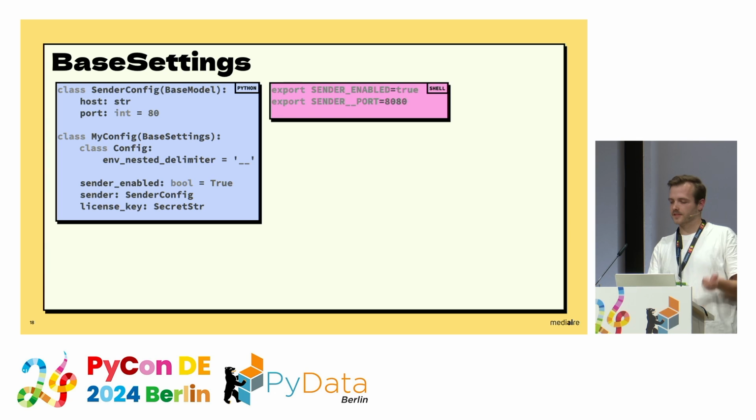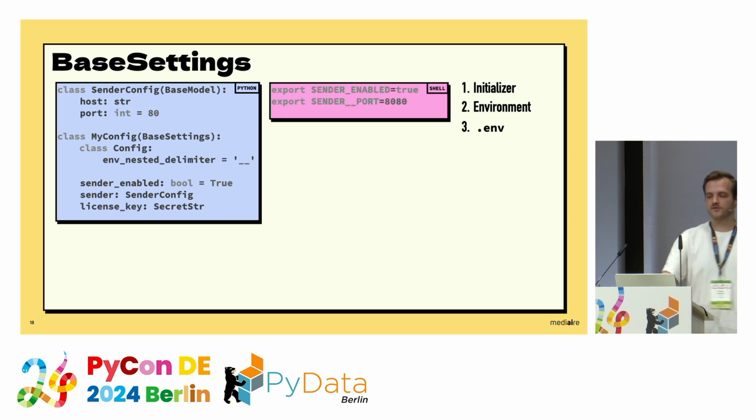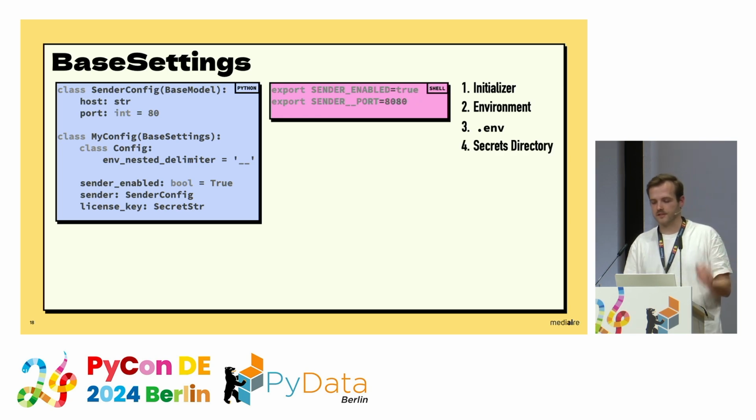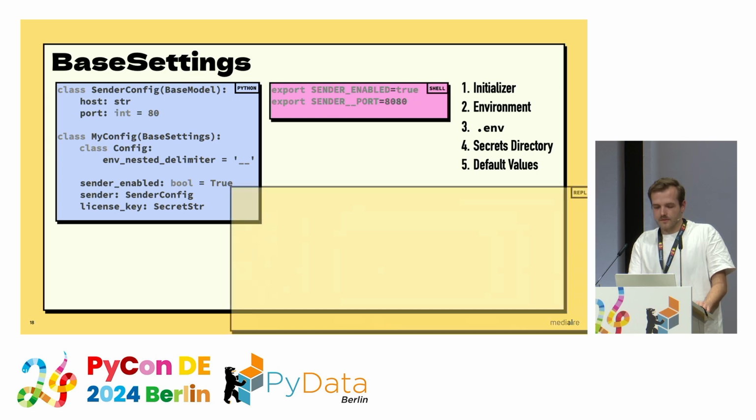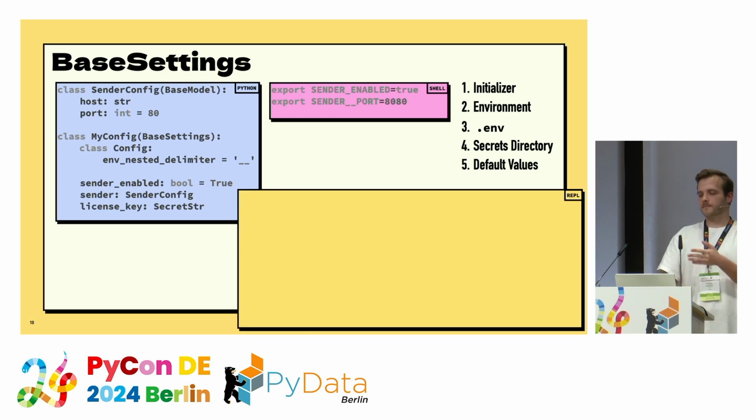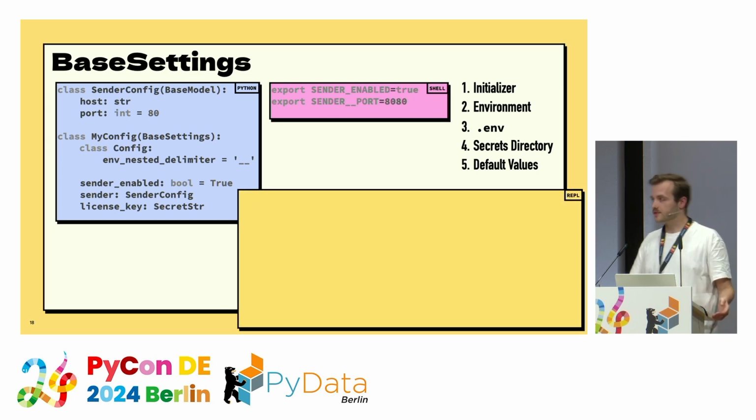So this is very neat. You can have the precedence of the initializer and then the environment. There's built-in .env support. There's built-in support for secrets directories mounted in /var/run, like Docker secrets, for example. And the default values, it's all going to be merged together very practically.